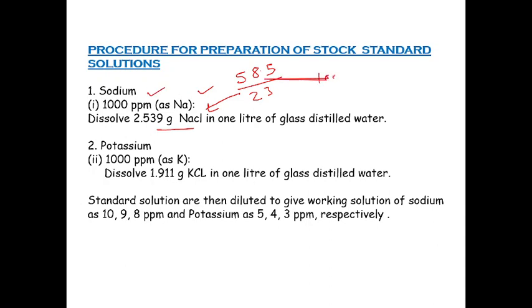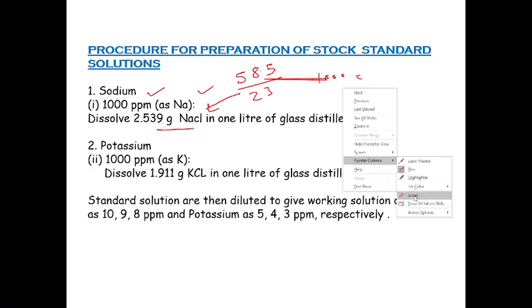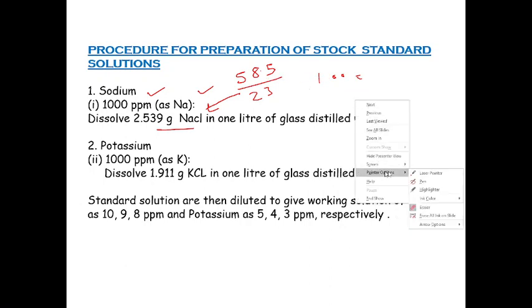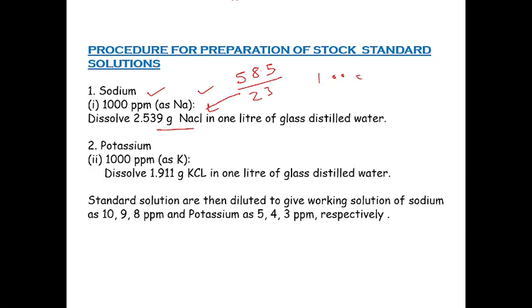So if you want to prepare a 1000 ppm solution, 1000 ppm equals mass of solute over volume, which is 1000 ml, into 10 power 6.